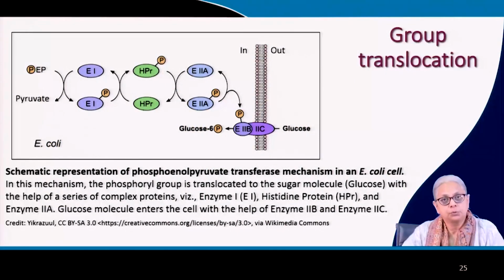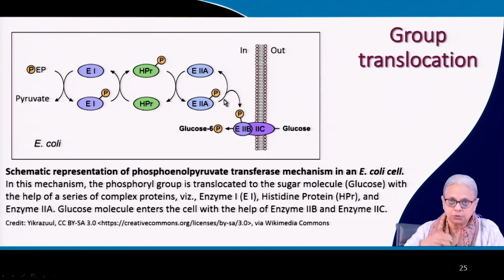So then we have group translocation. We have phosphoenolpyruvate, which is being converted to pyruvate, mediated by the first complex, the enzyme 1 complex, and then you have the histidine protein, which will pass the phosphate from one complex to the histidine protein to the second enzyme complex, E2A and E2B, E2C.